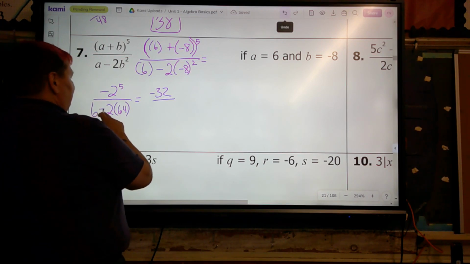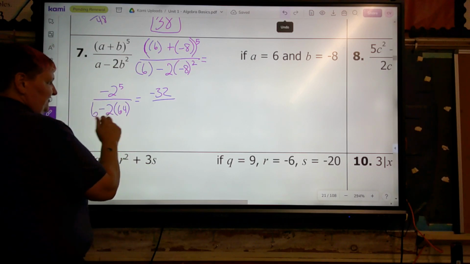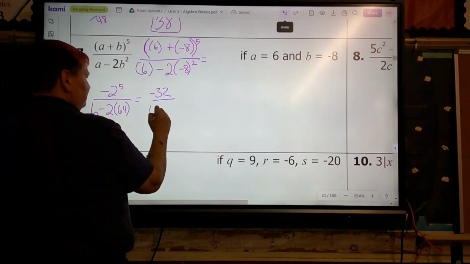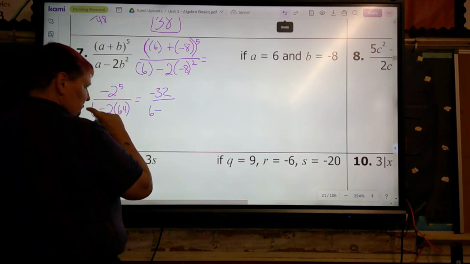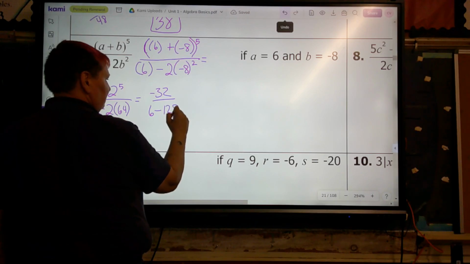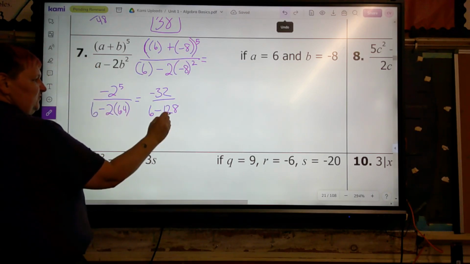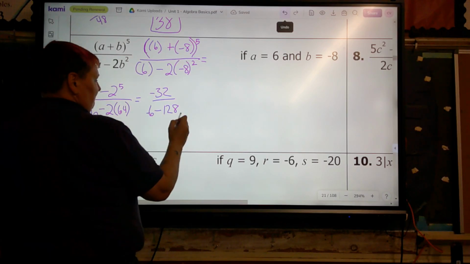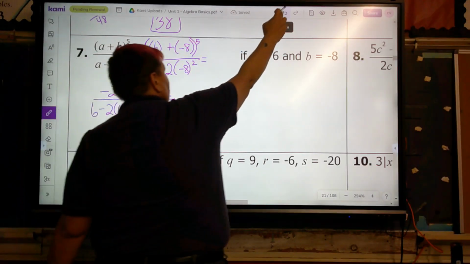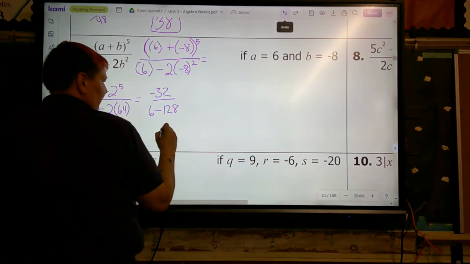And then we have 64 times negative 2, so we're going to have 6 minus 128. So 64 times 2 is 128. One negative sign means one negative sign. 6 minus 128 is negative 122.